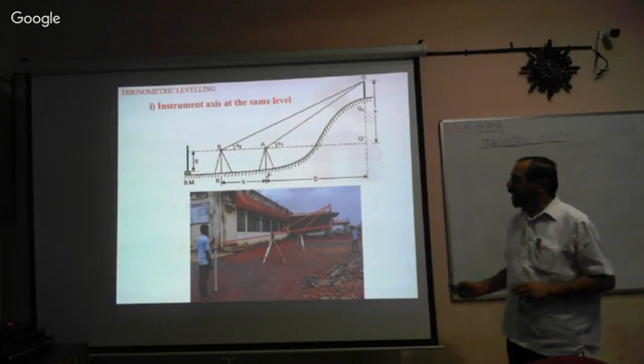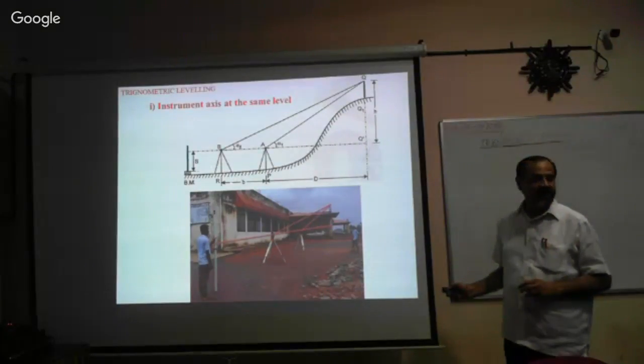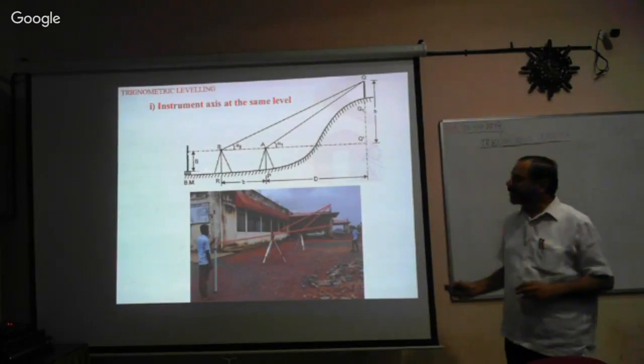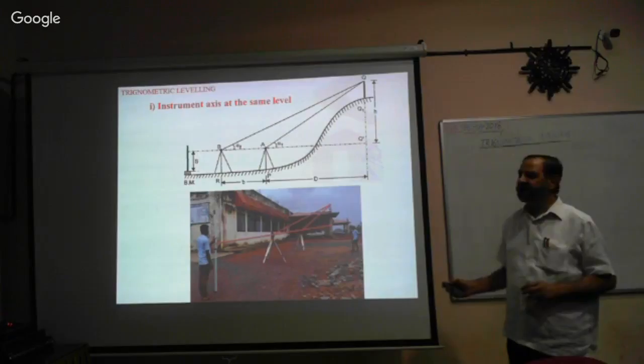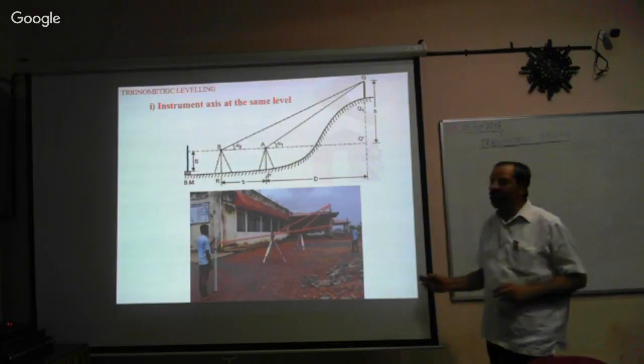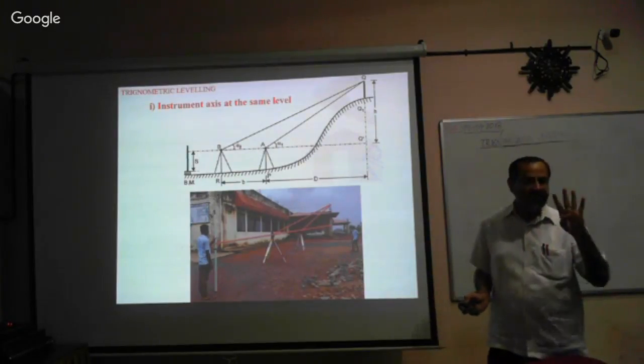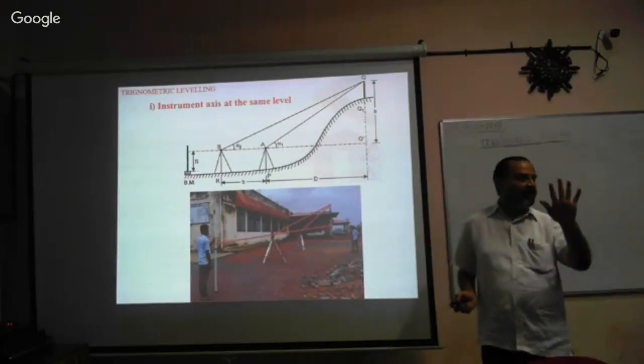Then after installing the instrument at the second station, again we have noted down the staff reading and also measured the vertical angle. Now there are four data available, isn't it?